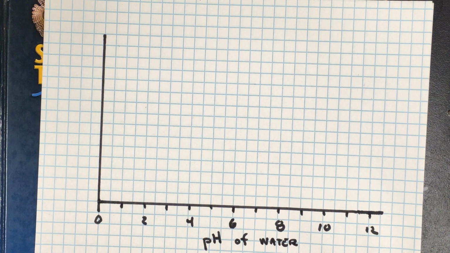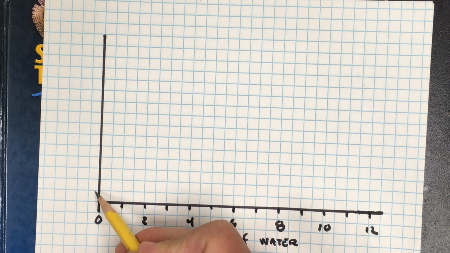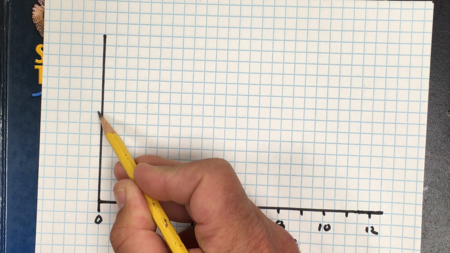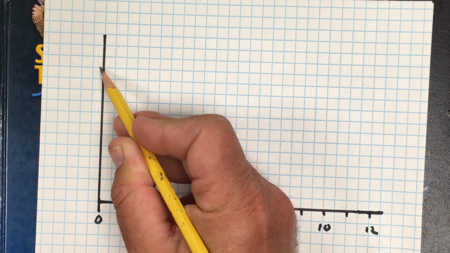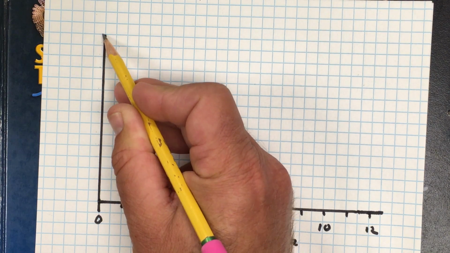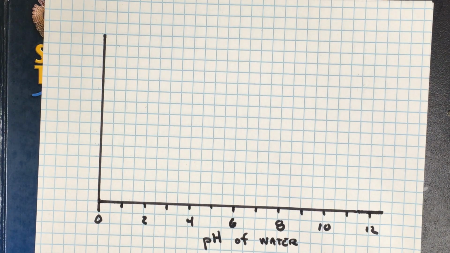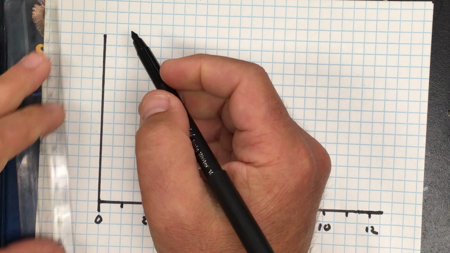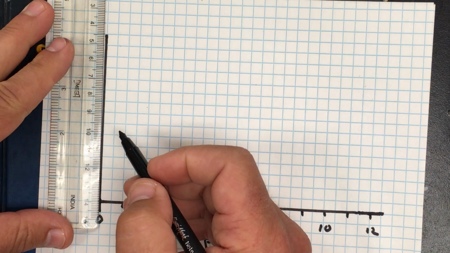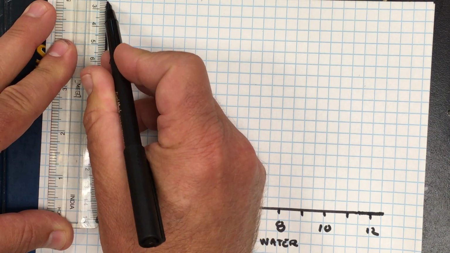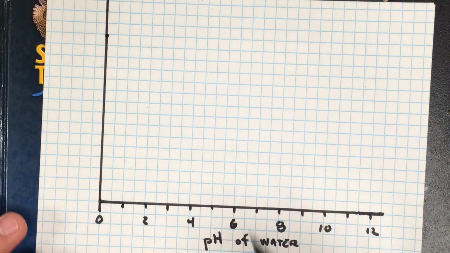Let's see, what if I made each line 5? 5, 10, 15, 20, 25, 30, and so on up to 90. You know what? Because I have room to go up to 90 here, I'm going to extend this axis a little bit. So I can go up to 90.